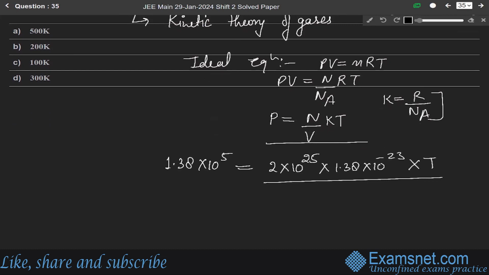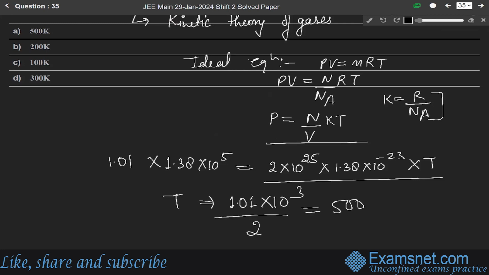Volume is 1. So solving this, we get temperature as 1.01 into 10 to the power 3 over 2. So temperature is 500 Kelvin. So the correct answer is A, 500 Kelvin.